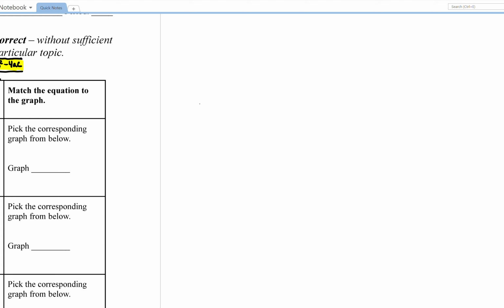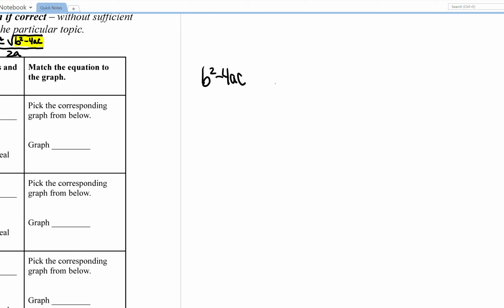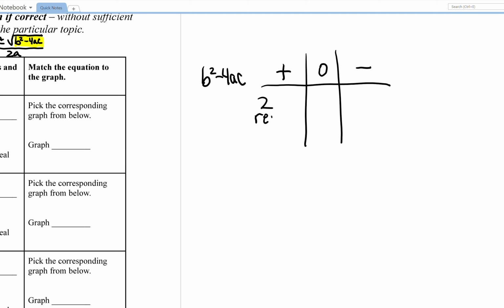There's 3 possible scenarios. If your b squared minus 4ac, if your discriminant is either positive or negative or 0. And so if your discriminant is positive, then you're going to have 2 real solutions.